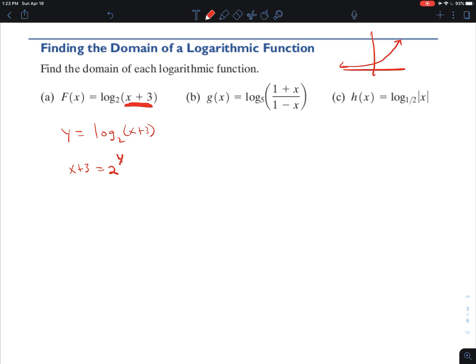I can plug in whatever I want for y. That's fine. I could plug in 1,000. I could plug in 0 for y if I wanted to. I could plug in negative 10.